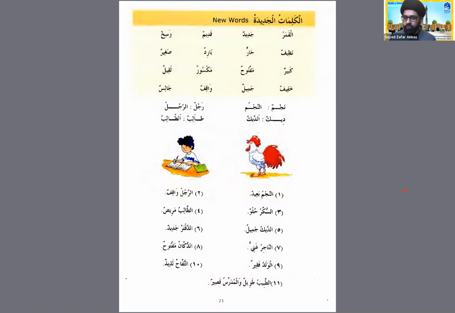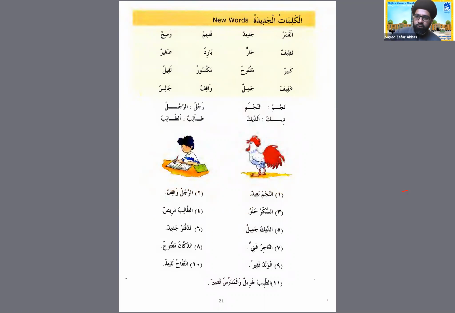Maftuh, open. Maksur, broken. Thaqil, heavy. Khafif, light. Jamil, beautiful. Waqif, standing. Jalis, sitting. Right. So we've used all of these words so far. These are the new words that we learned this lesson, and there are obviously a lot of them.